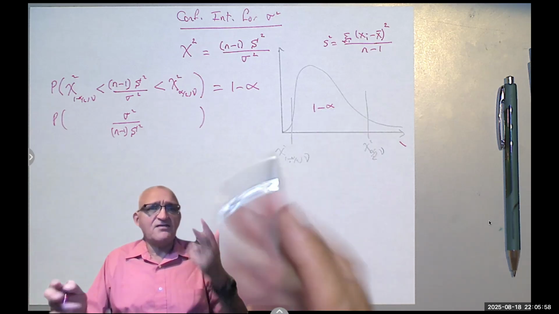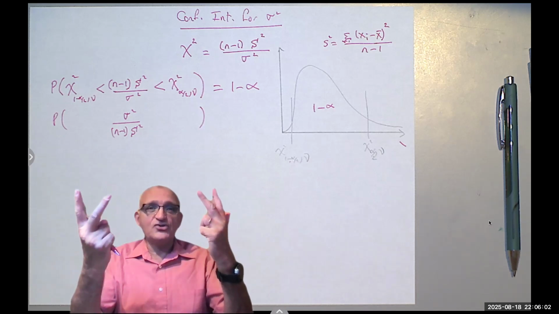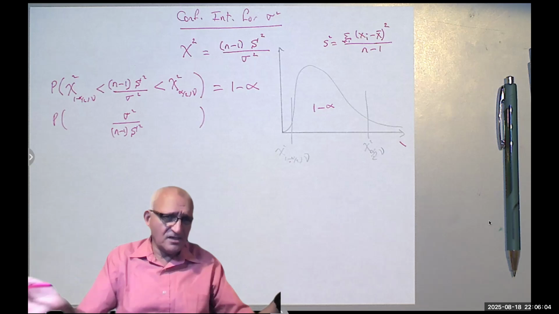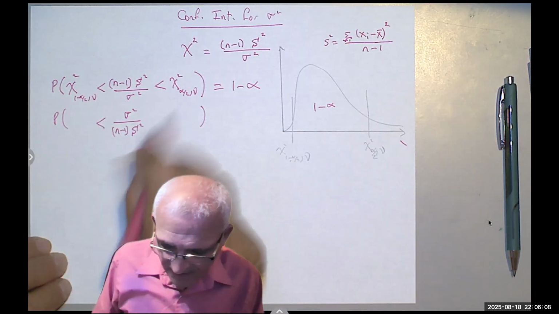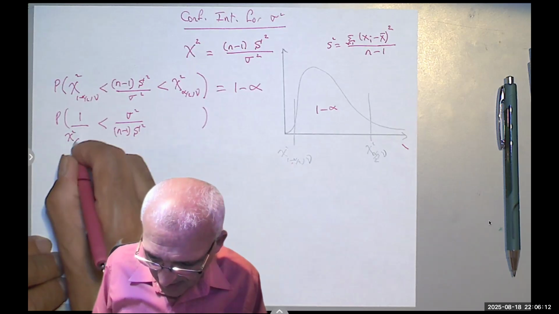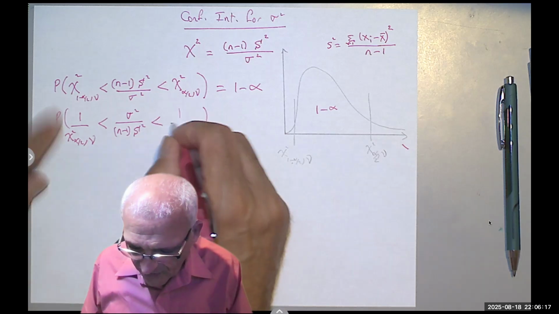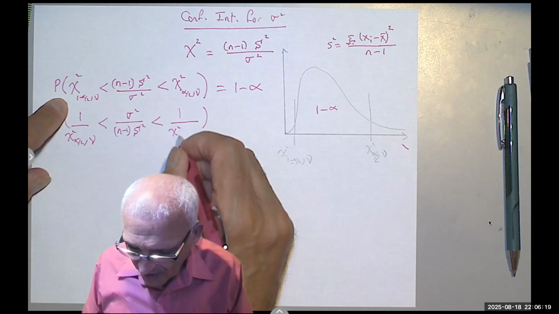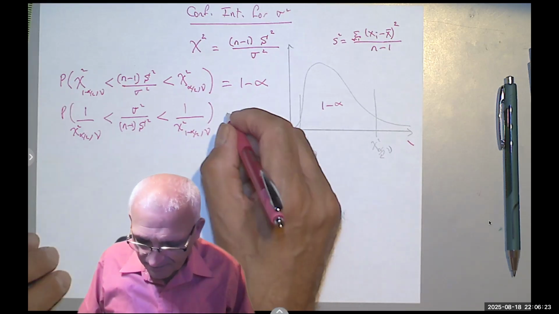So for example, you say 3 is greater than 2. If you take the reciprocal, you say 1 over 2 is greater than 1 over 3, right? So it's the same thing. So that is greater than this guy, which is 1 over chi-square alpha over 2 and degrees of freedom, less than 1 over that guy, chi-square 1 minus alpha over 2 and degrees of freedom.